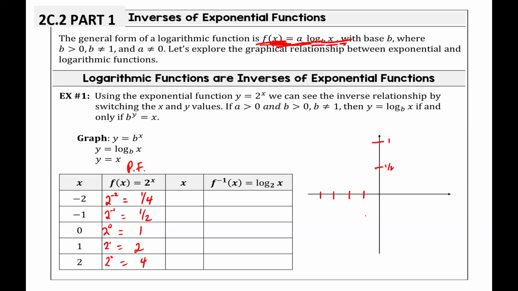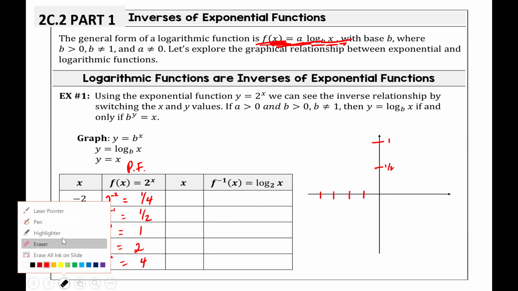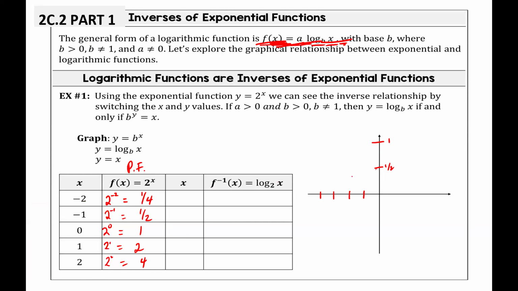Okay, so when we graph our points, it says at -2, you're at 1/4. So halfway here, right? Go over 1. Okay, -2, you're at 1/4. At -1, we're at 1/2.